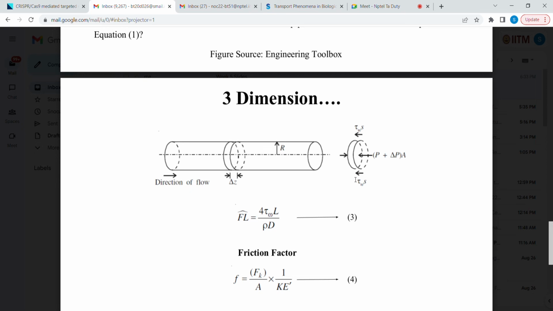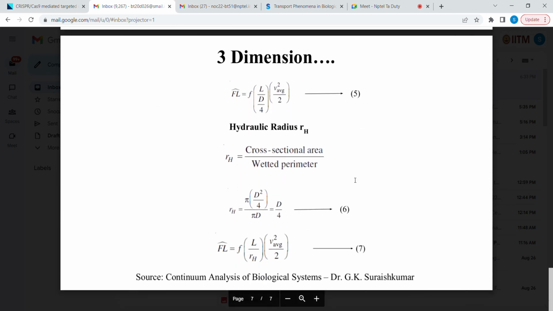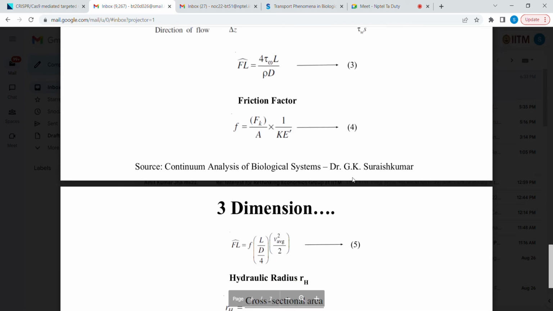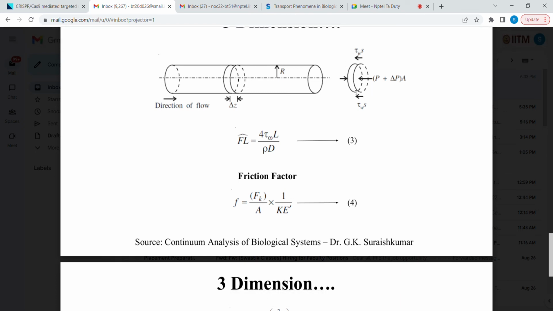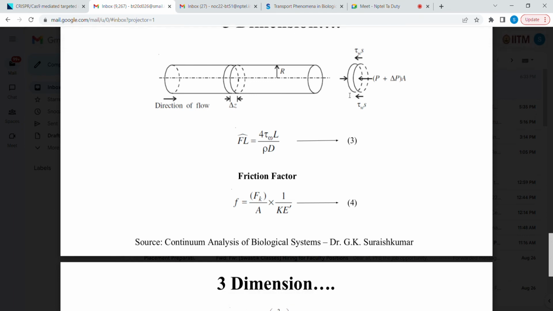So basically, what is the cross sectional area? The wetted perimeter here is basically the perimeter of this circle times the width of the volume element, correct? The width of this volume element is delta z.